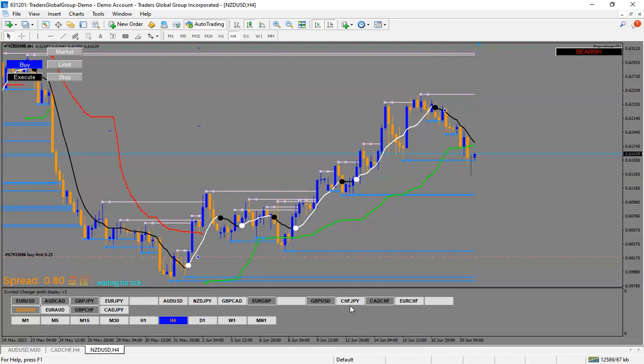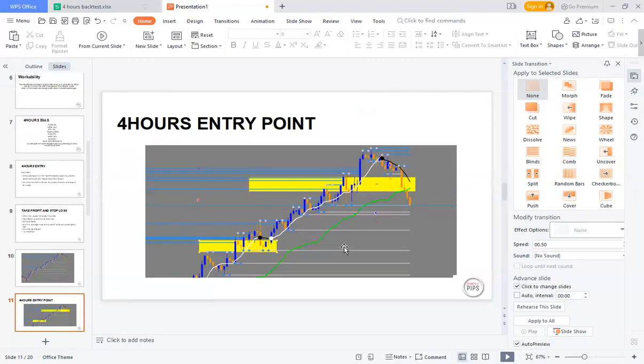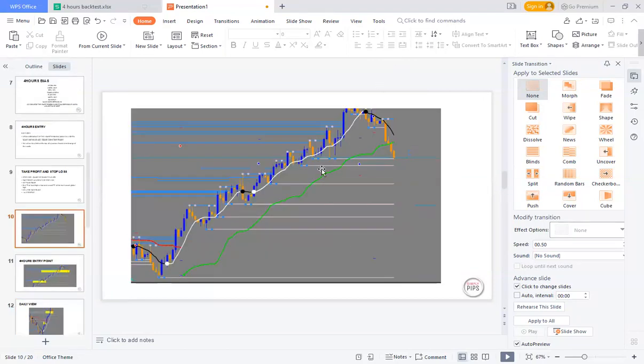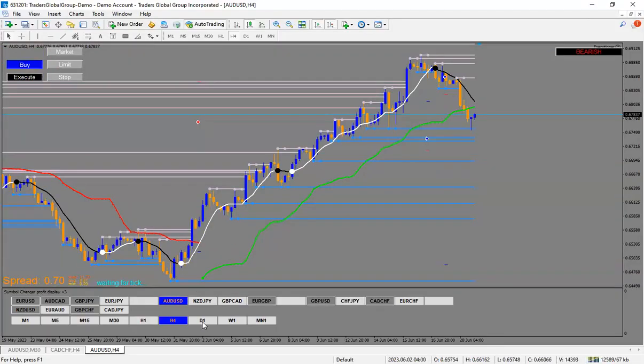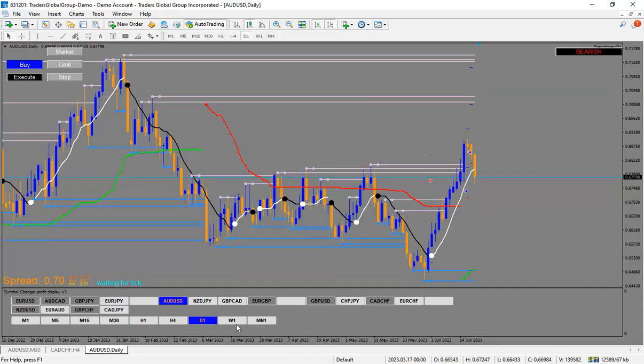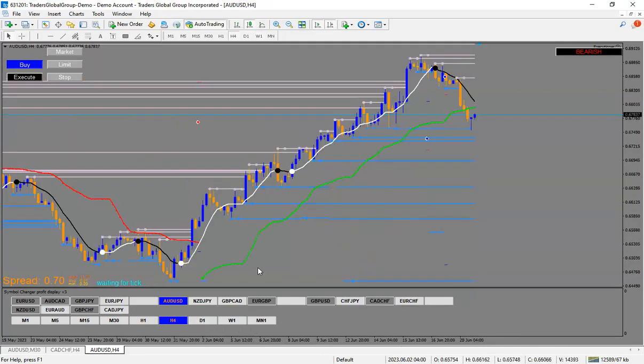So let's go to a sell condition. This is an example of a trade. This trade was taken on AUD USD, a recent trade I took. I'll show you how I took this trade and how I put my stop loss.